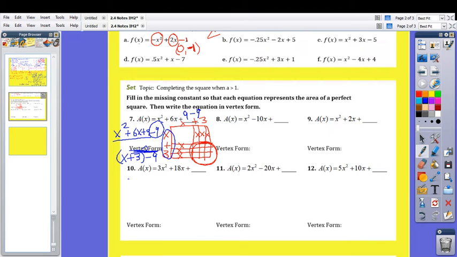So this is your vertex form. Okay, let's do number 12. If we need to make it a perfect square, the number that we are missing here, we need to find that out. Now there are 5 of them.